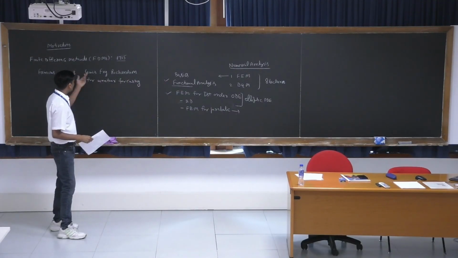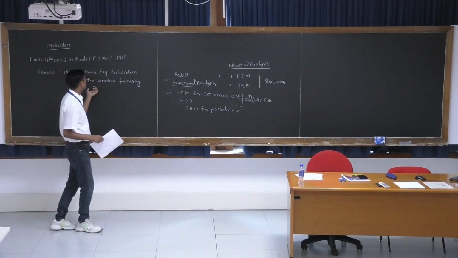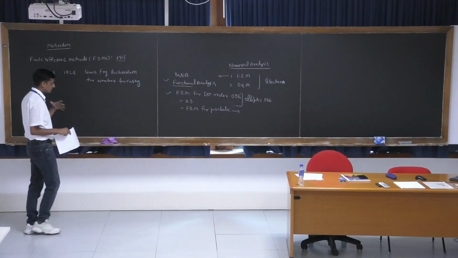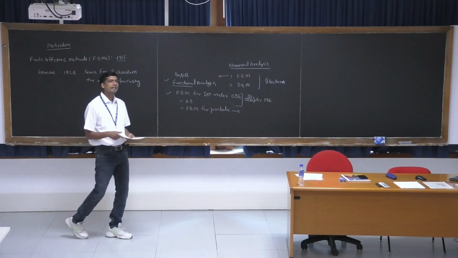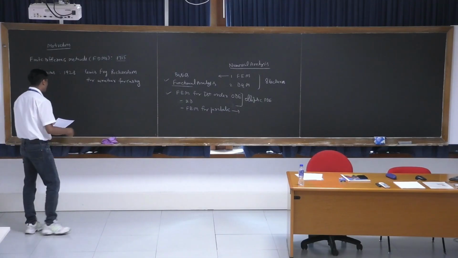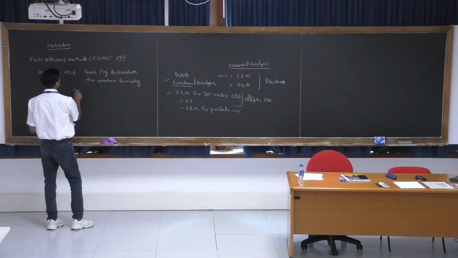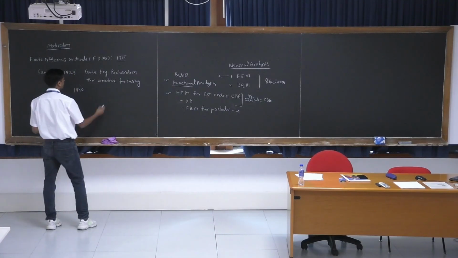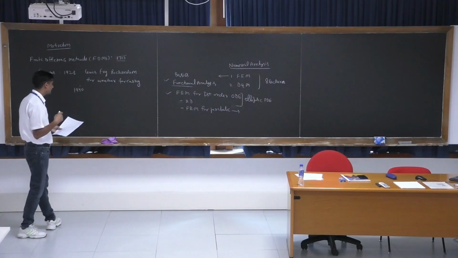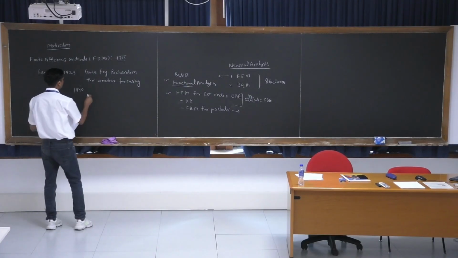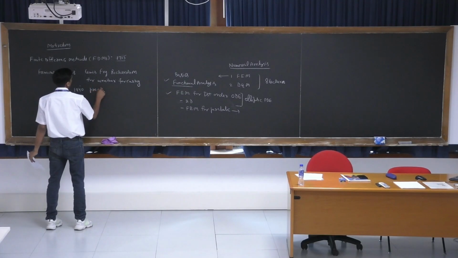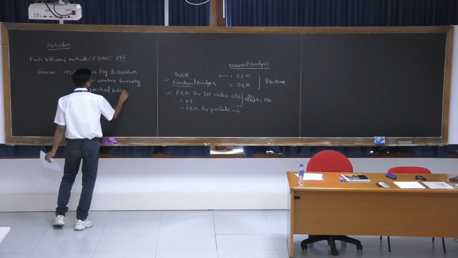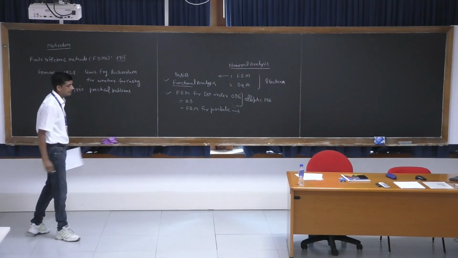So he started the finite difference method for solving PDEs. After that, in 1940, the finite difference method became popular for some practical problems. Until now, people are working on the finite difference method.